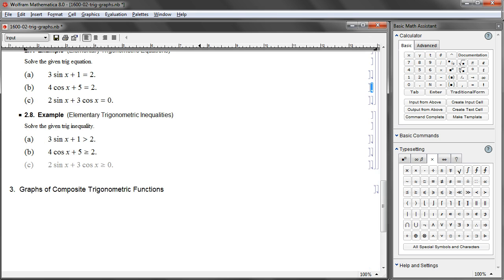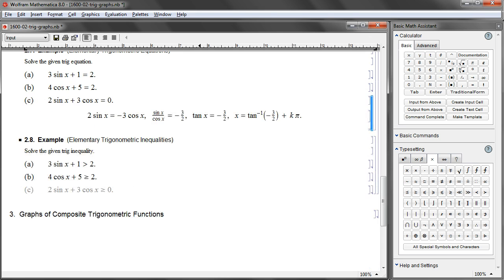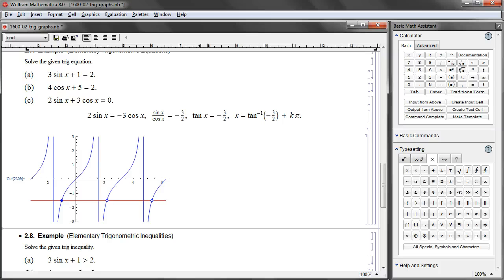Time for a tangent equation. Okay, here is a tangent equation. We get 2 sine of x plus cosine of x is equal to 0, so 2 sine of x is negative cosine of x. Divide both sides by cosine, then we have tangent is -3/2. So x is arctangent of -3/2.